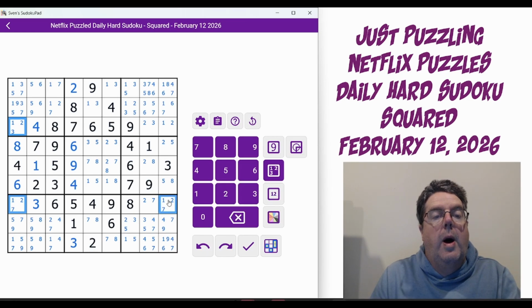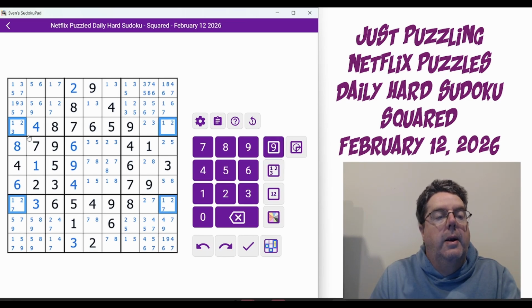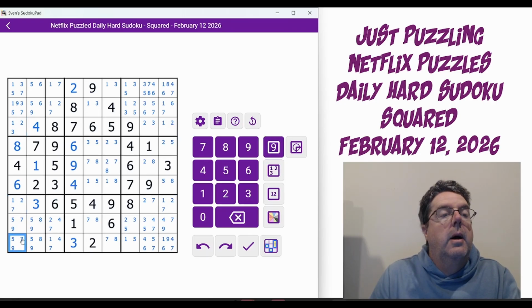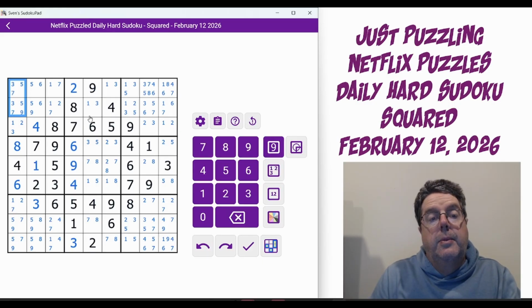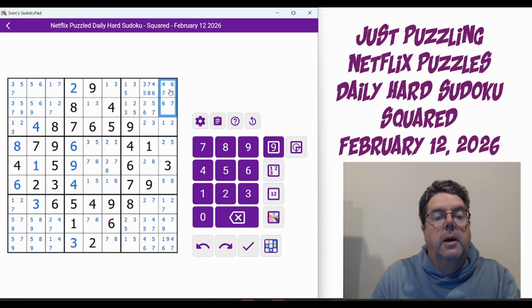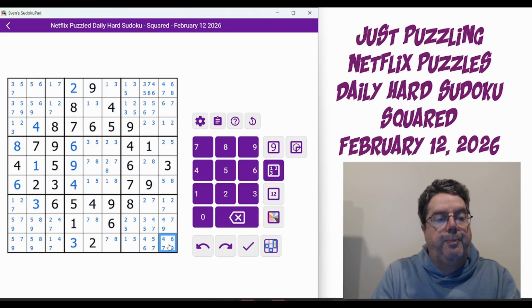So 1, 1, 1, 1. So 1 can only be in those 2 spots in that square. So that means in this column, this can't be a 1. And these can't be a 1. Okay, narrowing it down, I guess. 1 can't be here. That's a 1, and that can't be a 1.